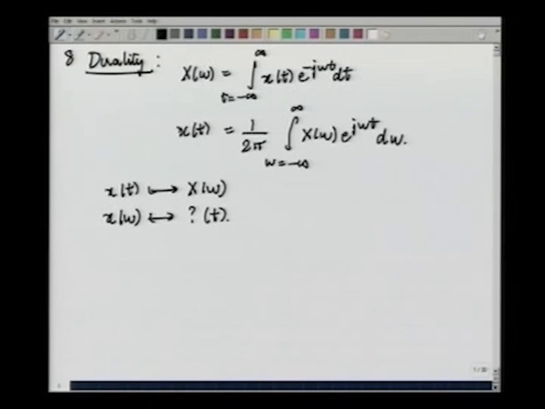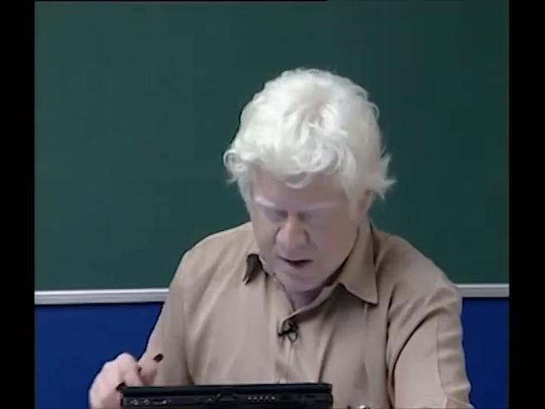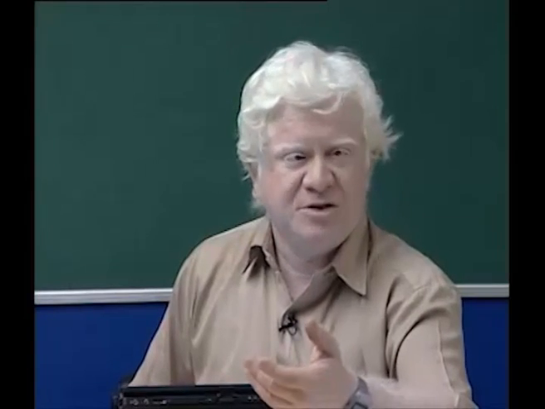Let us for example take x(t), find its Fourier transform X(omega), and then let us find the Fourier transform once again of X(omega). In order to not confuse variables, we will now be clear that we are trying to find the forward Fourier transform of X(omega) using a new frequency variable, which we will call omega dash.